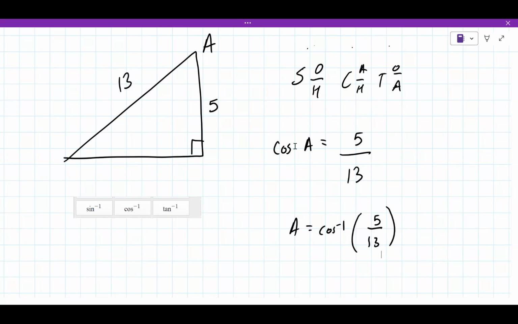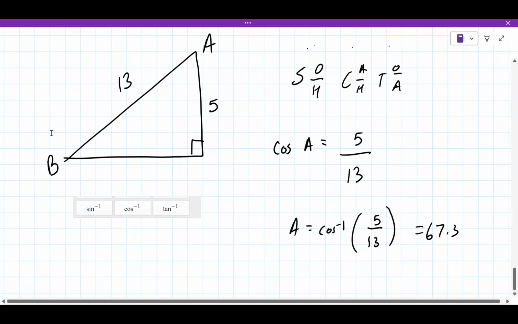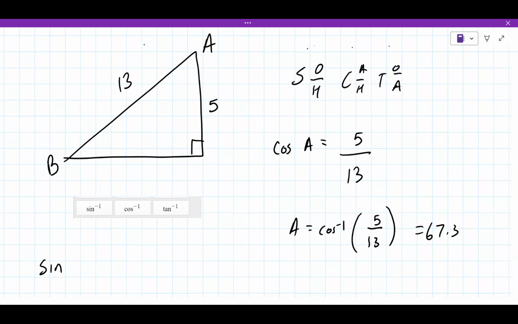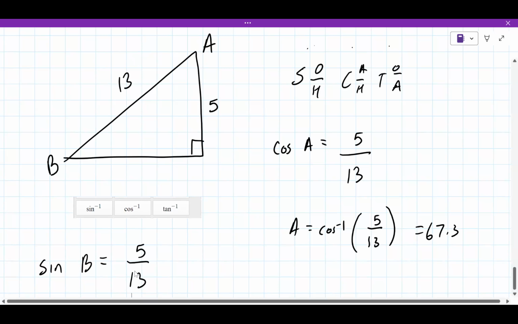67.3. All right, very good. Now let's go to angle B. 5 and 13 are the opposite and the hypotenuse. The sine of B equals 5 over 13, opposite over hypotenuse.